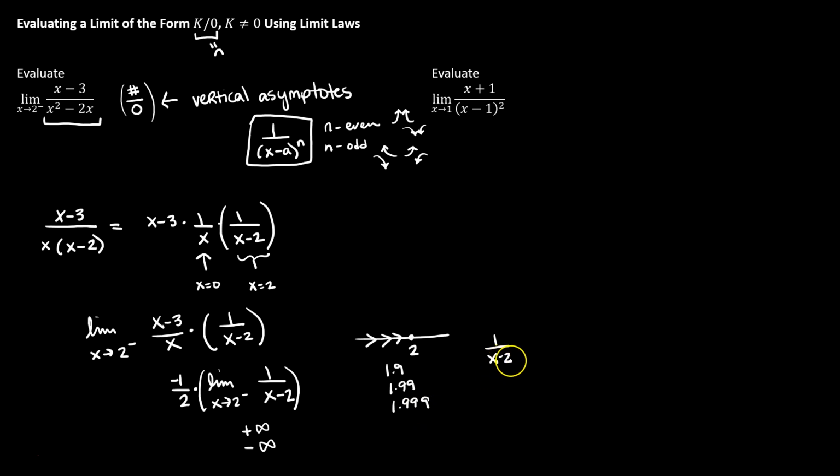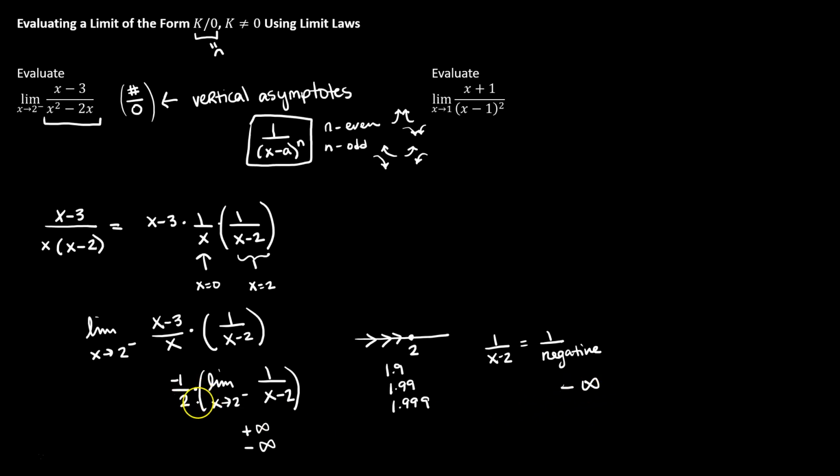So x minus 2 would give me a negative in the denominator. That negative is getting very, very tiny, which almost makes it look like a 0, but it was negative before it approached 0. So this must be going to negative infinity.